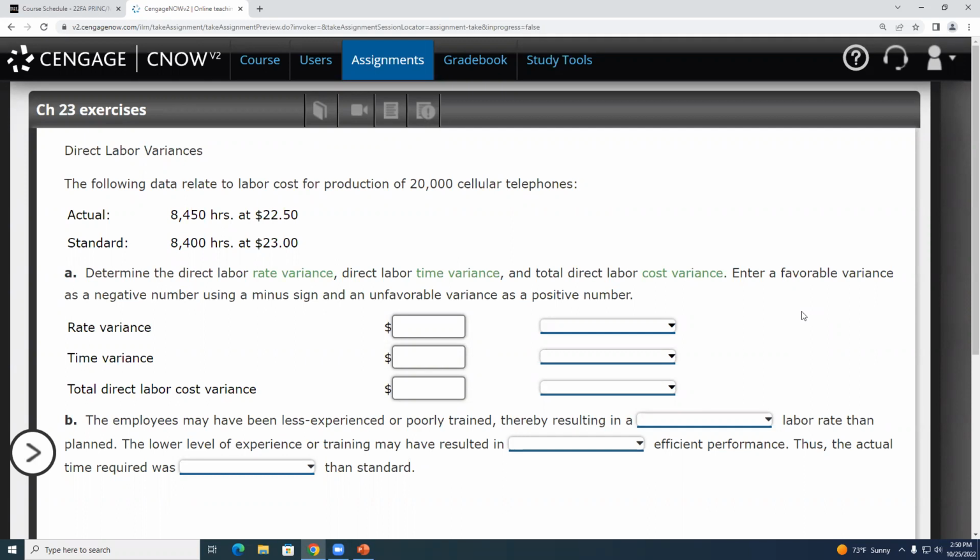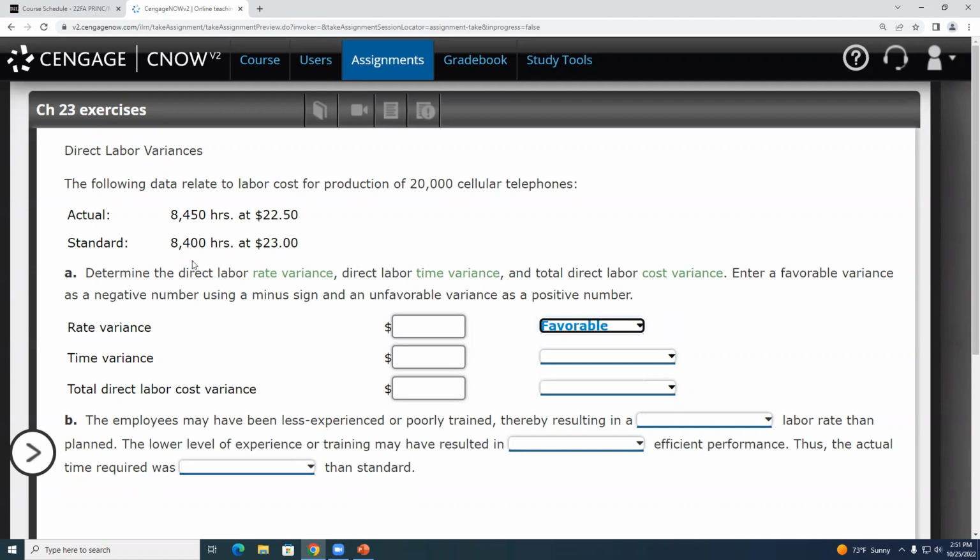So just like we did in exercise 3, I want to talk about whether these are favorable or unfavorable. The rate variance: we expected to pay 23, we only paid 22.50. Is that going to be a favorable or unfavorable variance? Favorable, we paid less than we expected.